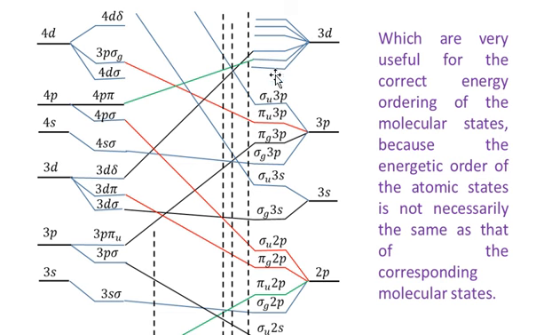And you know that these are the splittings of these levels. For example, this 3p level in the separated atoms will split into several levels.